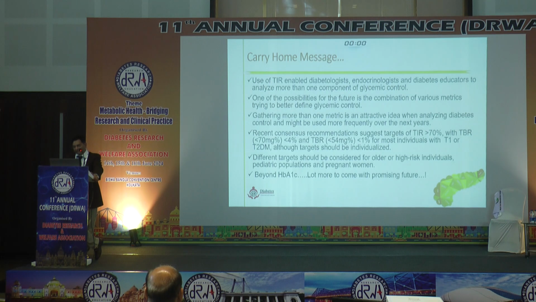TBR at level 1 should be less than 4%. TBR less than 54, level 2, should be less than 1%. This applies to most individuals with type 1 or type 2, although targets should be individualized. Different targets should be considered for elderly people, individuals at high risk of hypoglycemia, the pediatric population and pregnant women. However, beyond HbA1c, when you talk about practicability in our clinical practice, a lot more is to come with the promising future.